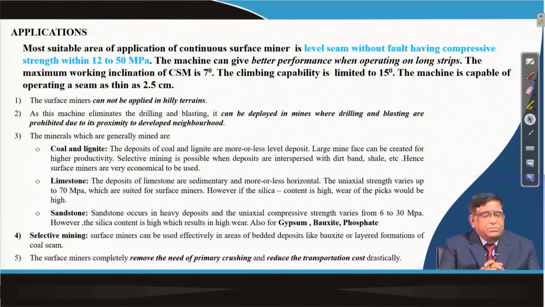In this application, as I told you, this machine is suitable for a level seam, that is, a horizontal, not much inclined seam, and where there are not many geological disturbances, there this machine gives very good performance, provided you get a very long strip, because it will be cutting, and if you have short strips, then there will be repeated turning and all. So, if you can get a long strike length and a level seam, there it will give very good performance.